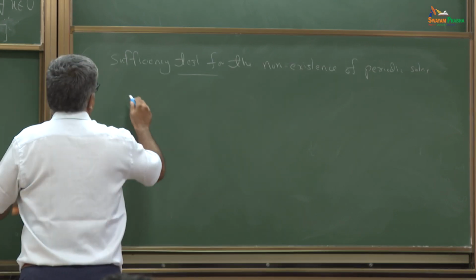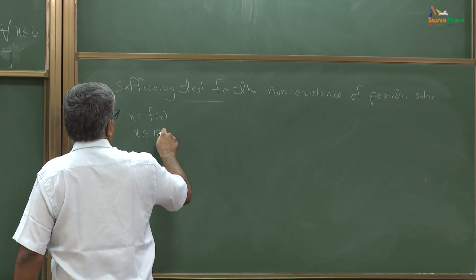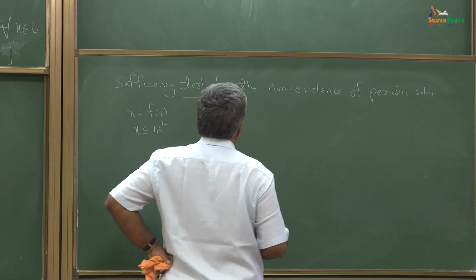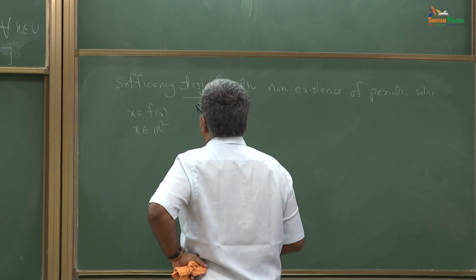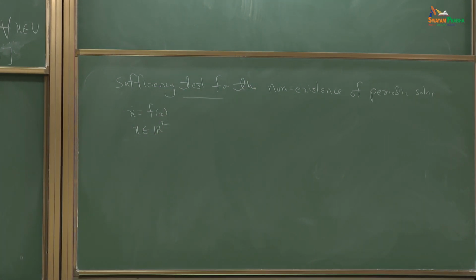Again, this is restricted to a second order system. You need here a simply connected region. Without going into much math, I'll just tell you what is required for this. It goes by the name Bendixson's criteria.